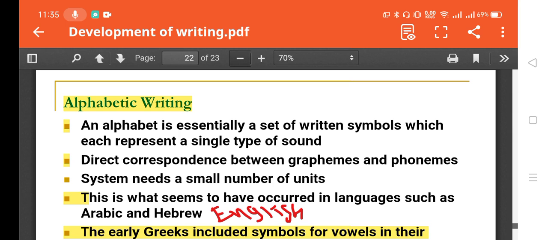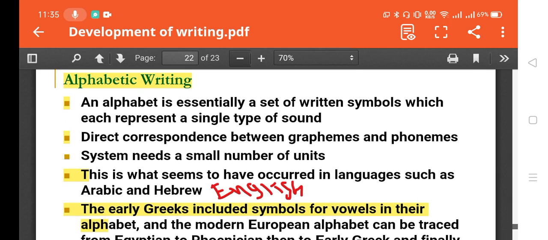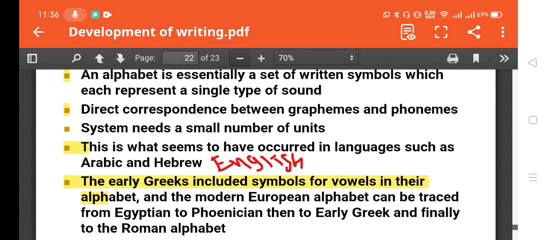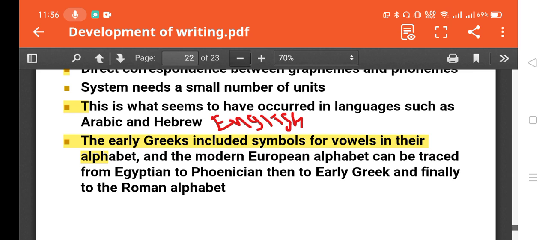Today we have the IPA system, which means that each symbol is associated with a single sound, and it directly corresponds between graphemes and phonemes, and the system needs a small number of units. This is what seems to have occurred in languages such as Arabic, Hebrew, English, and the early Greeks included symbols for the vowels in their alphabets.